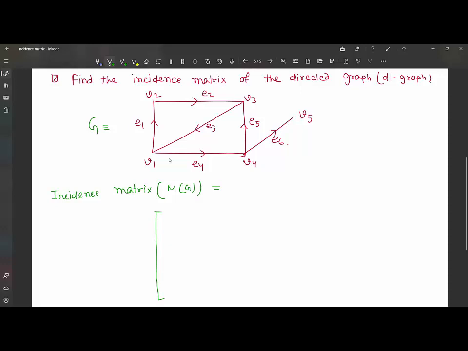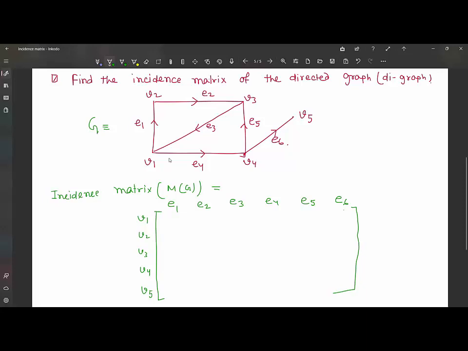First write down the edges E1, E2, E3, E4, E5, E6 column-wise, and V1, V2, V3, V4, V5 row-wise. After that, close this matrix and now start filling in the values.